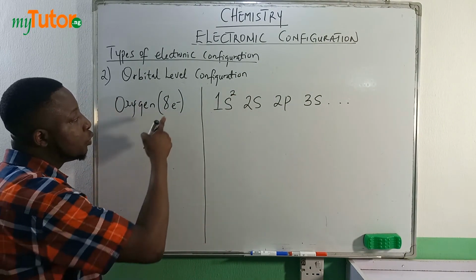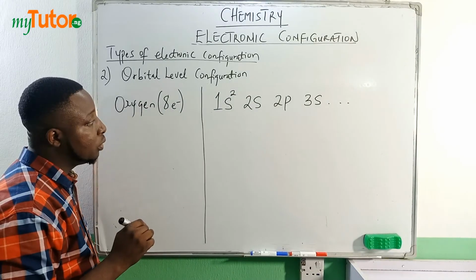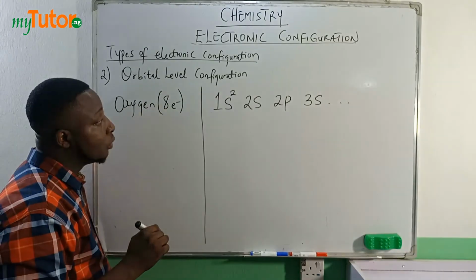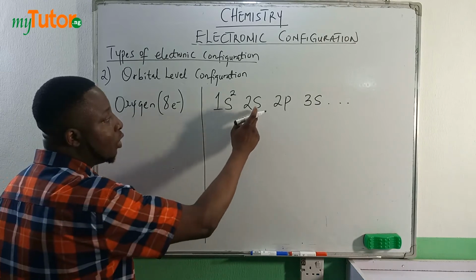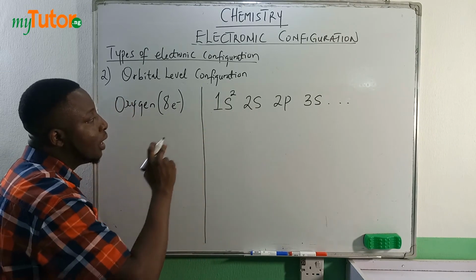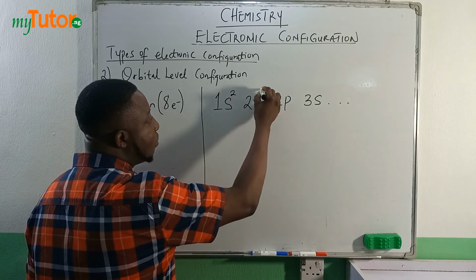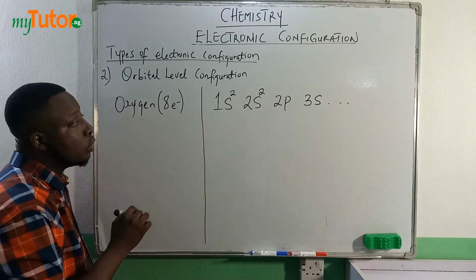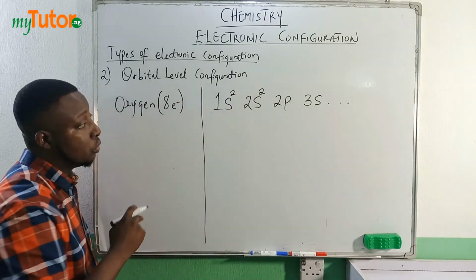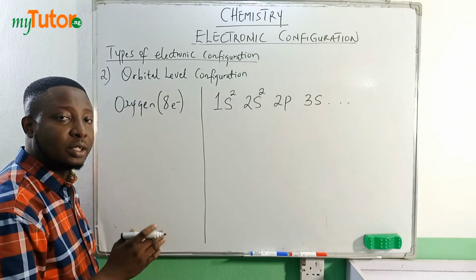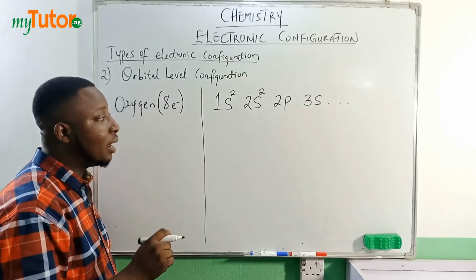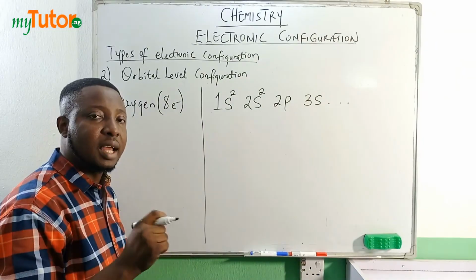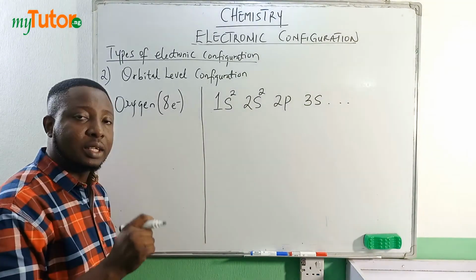Now if we remove 2 from 8, we'll have 6 as the remaining number of electrons. The second orbital is the 2s orbital, and the s orbital will also take a maximum of 2 electrons. So far we have added 4 electrons, and the remaining is 4 electrons. Now the p orbital will take a maximum of 6 electrons, and we have 4 electrons remaining.